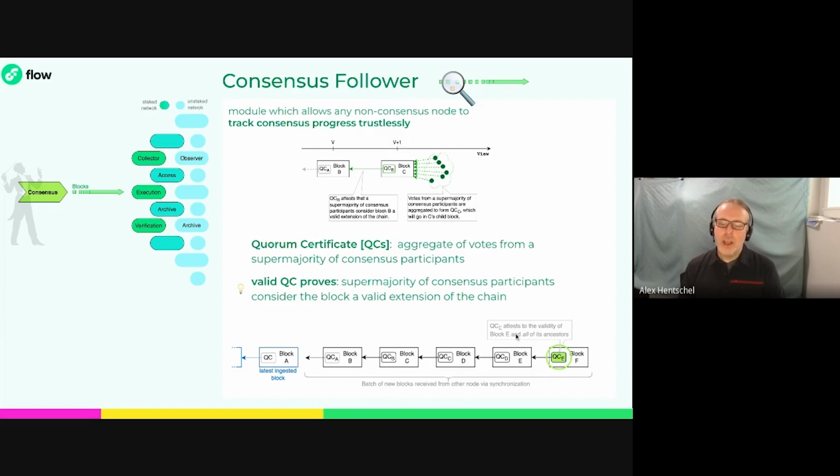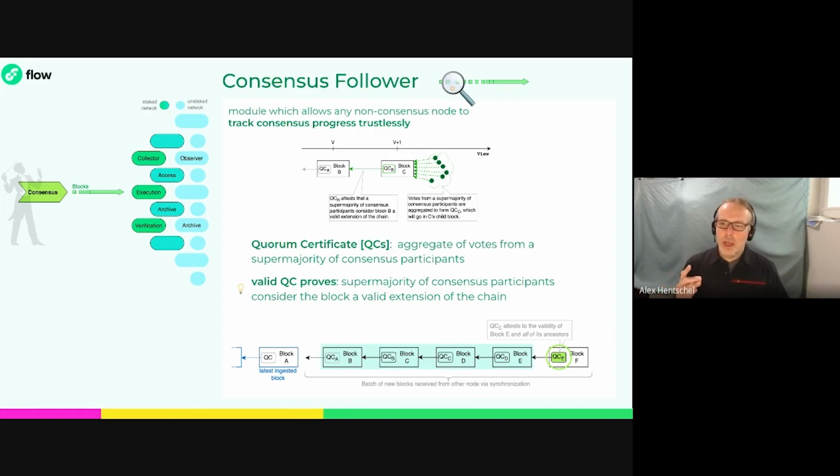That means that consensus nodes have signed off on blocks B, C, D, E in order to produce this QC. So by verifying that this QC E is correct, you already know that all the ancestor blocks have been approved by the consensus committee.